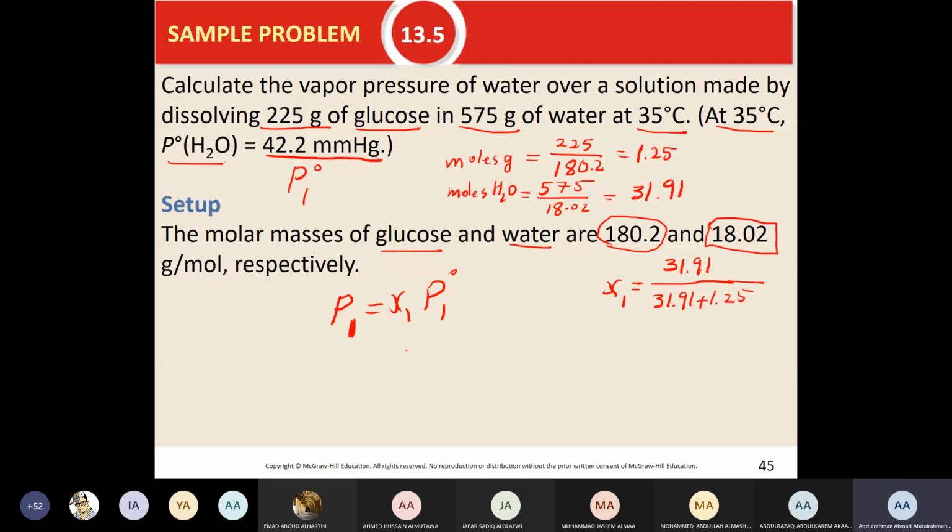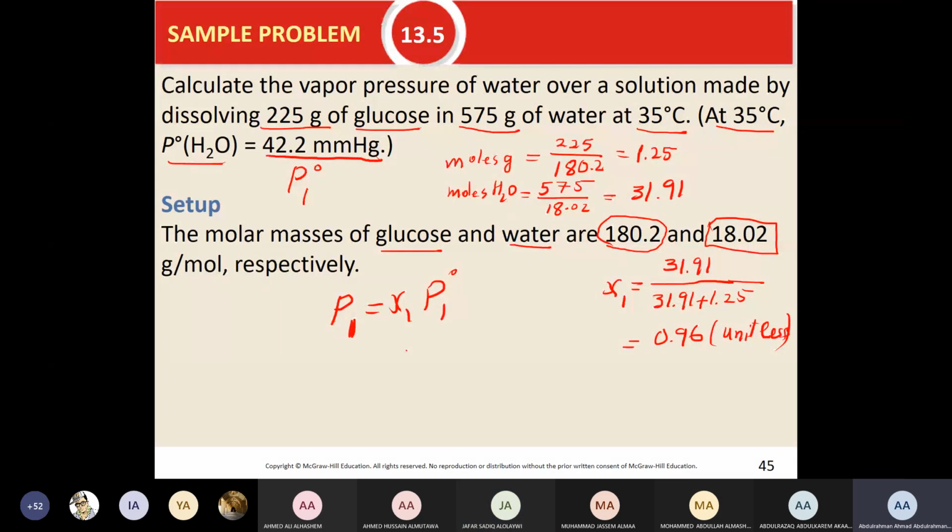What's the answer? 0.96. What's the unit? Unitless, no units. Exactly.